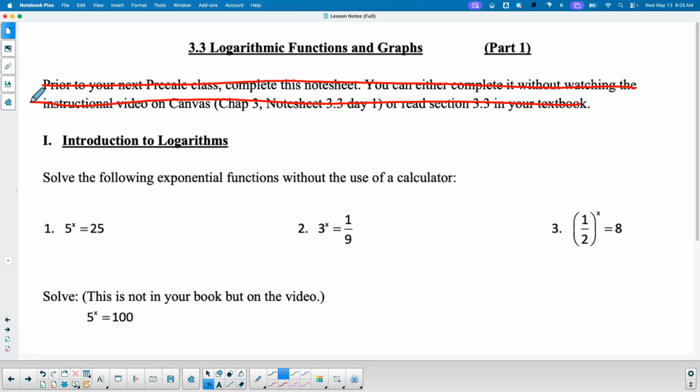Solve the following exponential equations without the use of a calculator. 5 to the x equals 25. So what's x? X is 2. 5 to the x power equals 5 squared, so x has to be 2.